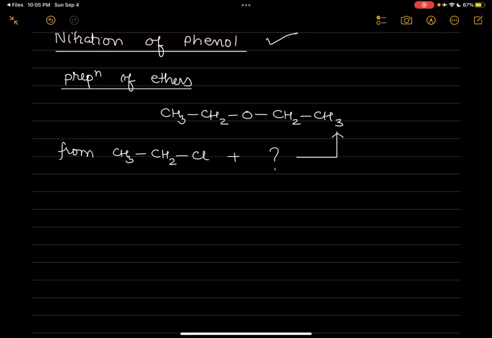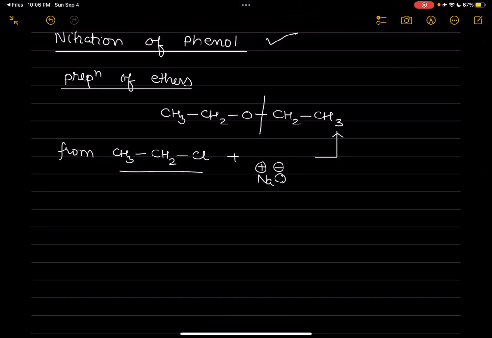Dehydration of alcohol is different. In Williamson ether synthesis, you take alkyl halide and you take alkoxide ion. Suppose you can think in this way.